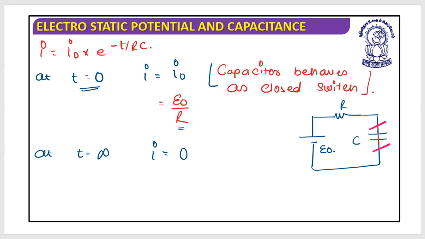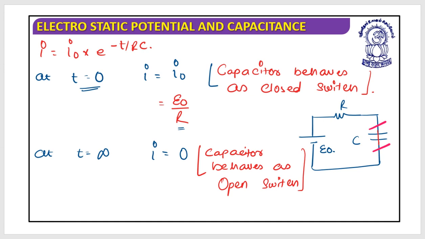So that means the capacitor behaves as an open switch. I hope these things are clear. So at t = 0, the capacitor behaves as a closed switch, and the current will be I naught = E naught by R. And at t = infinity, the current would be 0.